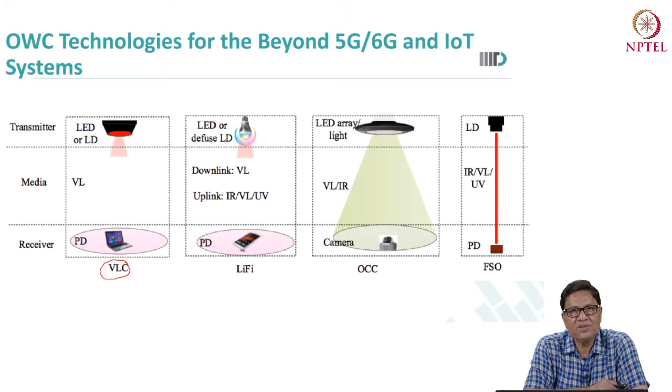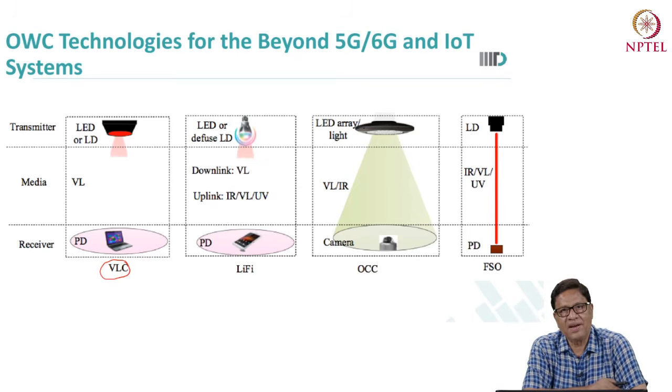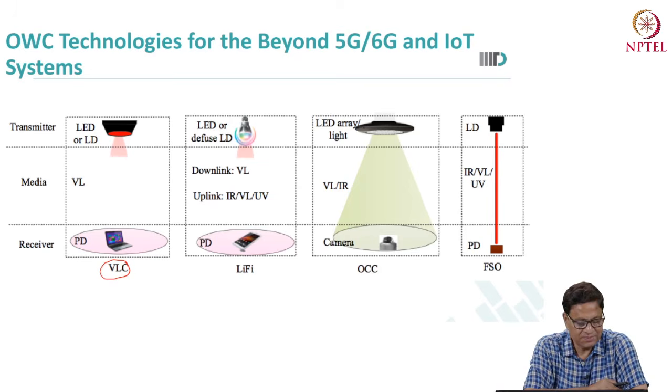The transmitter could be a LED light in your room, or one can have a laser diode. We'll see that under certain conditions only a laser diode can be used, which we will understand in subsequent lectures. But the transmitter basically consists of either a light emitting diode or a laser diode.